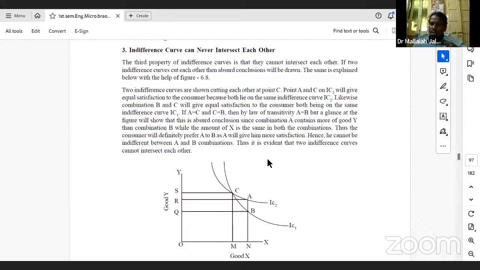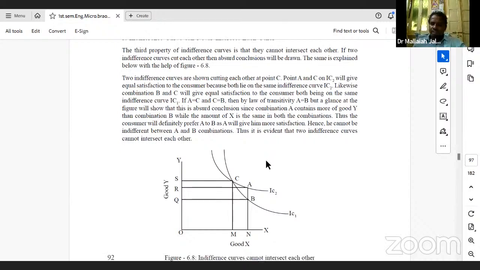Why do these two not intersect? Because, as I said, a higher indifference curve gives a higher level of satisfaction, and a lower one gives a lower level of satisfaction. See, this is IC1 and this one is IC2. In the upper part, just observe, IC1 is above and IC2 is lower.